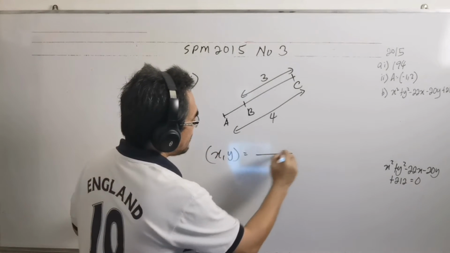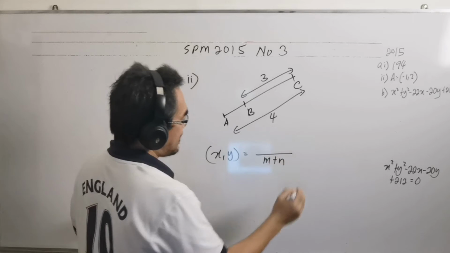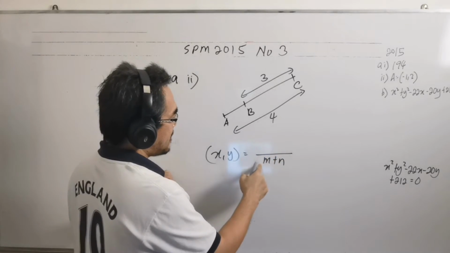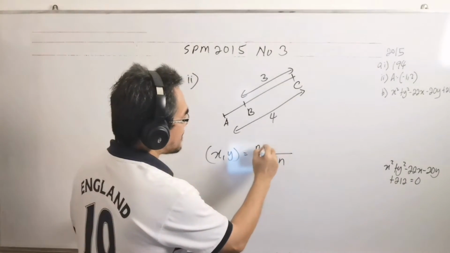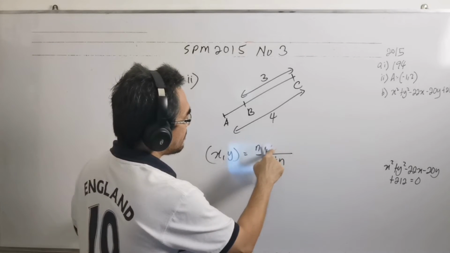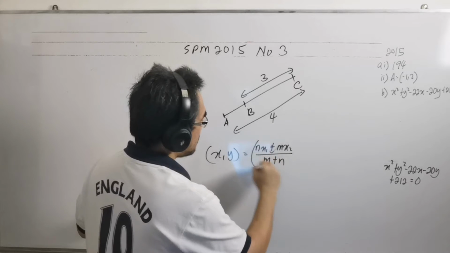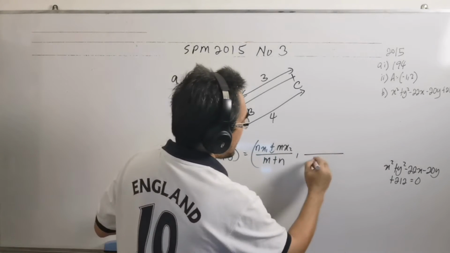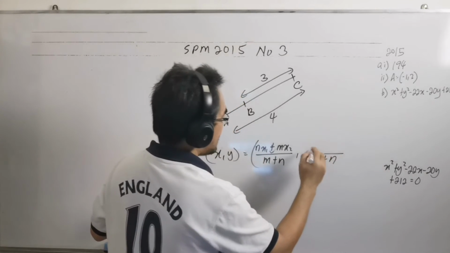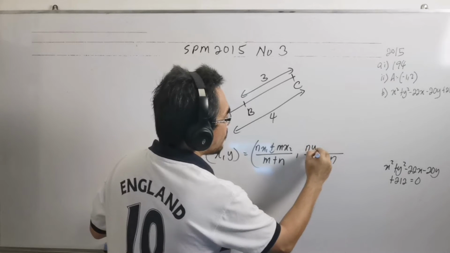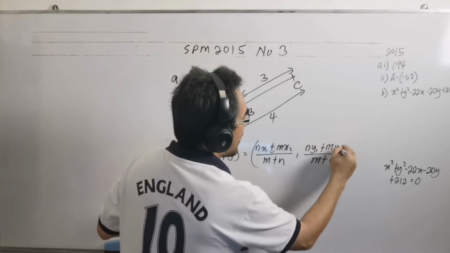That is m plus n, and then it will be n times x1 plus m x2, and here again m plus n, and n y1 plus m y2.